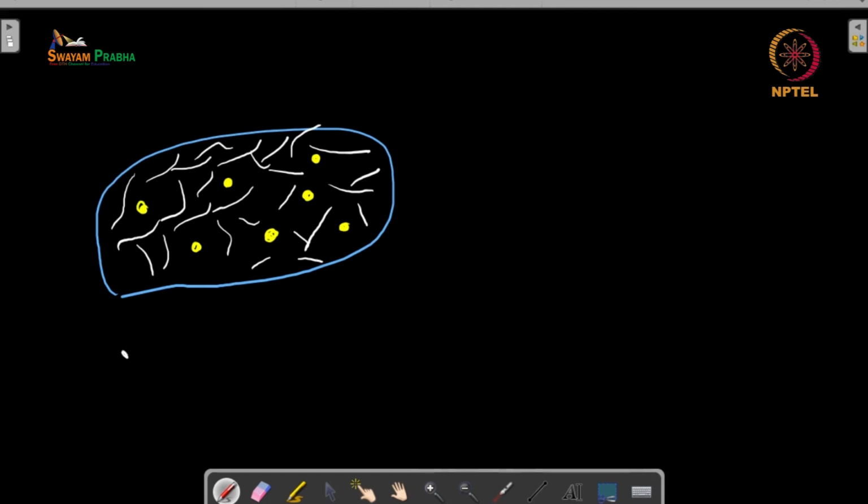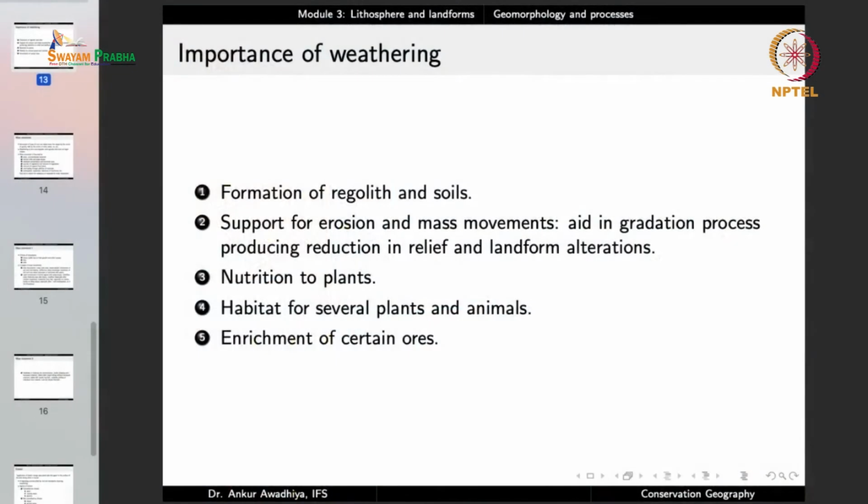So the rock has broken down, so you have these white portions that are lighter, and you also have the yellow portions that are heavier. Now when you have the action of wind or water, the white portions will get removed, and ultimately you will have a situation where your yellow portions remain in this area. So this is leading to an enrichment of the ore. So your ore is now having more and more amount of that mineral that you are interested in. So this plays a very important role in the mining for different materials. So this has an economic importance as well.